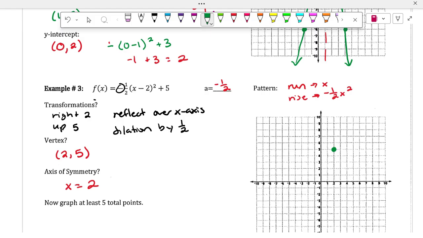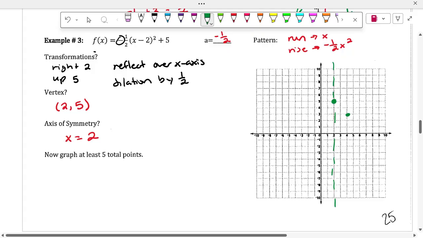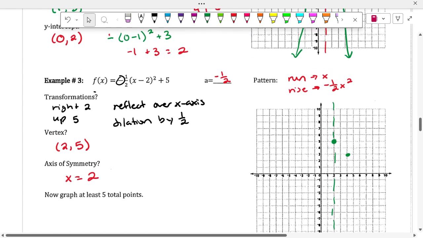All right. So I'm going to go out 2. What's 2 squared times negative 1/2? Negative 2. So I'm going to go down 1, 2. Then since the axis of symmetry would be right here, I want to find its reflection buddy, which would be over here.